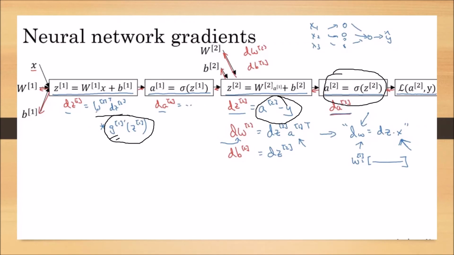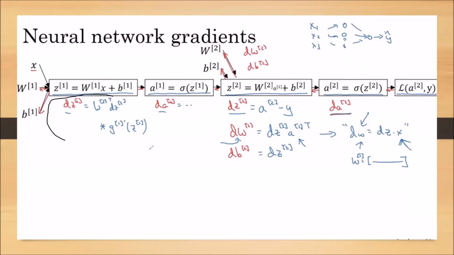So we are taking the next layer parameter W2 transpose, and by using dz2, we are calculating dz1. This multiplication is the element-wise multiplication. We will discuss more about why that multiplication is element-wise.